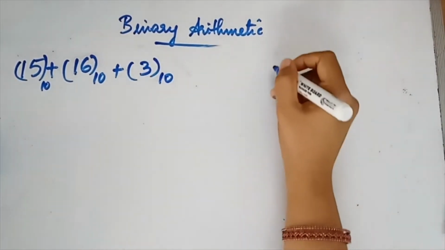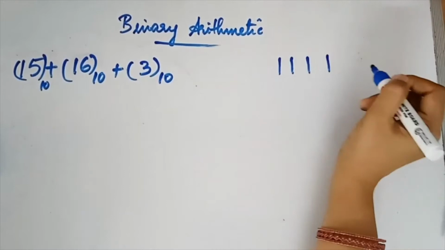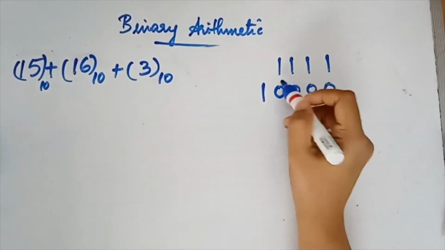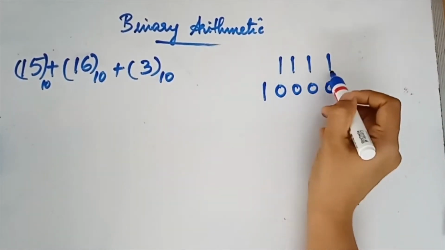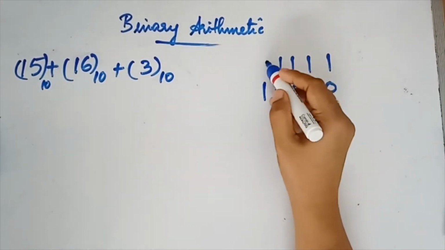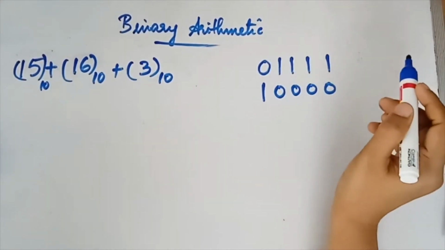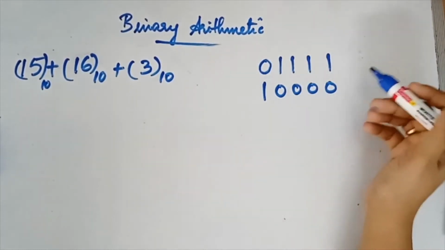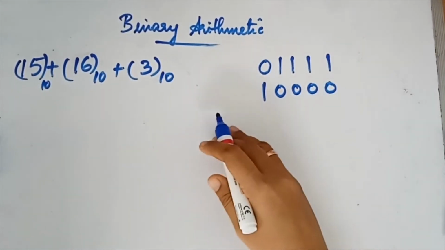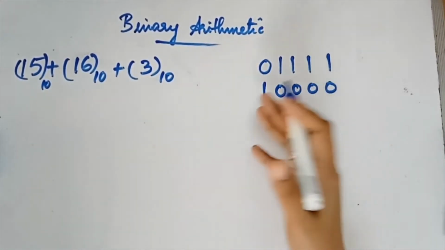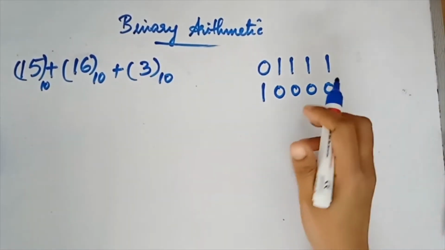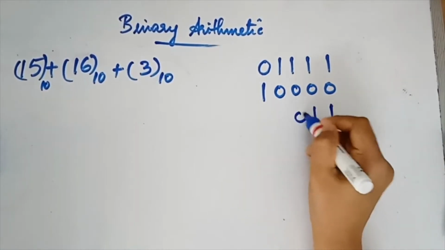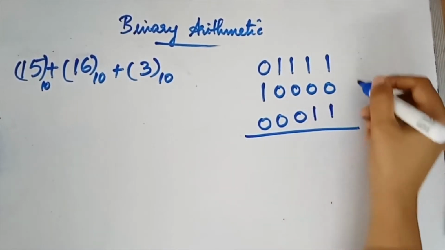Okay, so 15 is 1111, and 16 is 10000. For 15 you need only 4 ones, but here you need a 5th bit. So I'll put a 0 here so that all the numbers have the same number of bits. Even otherwise, for addition it's okay, only for subtraction it will make a difference, but it's better to write like this so that you don't go wrong. And 3 is actually 11, so I'll just append zeros to the left.